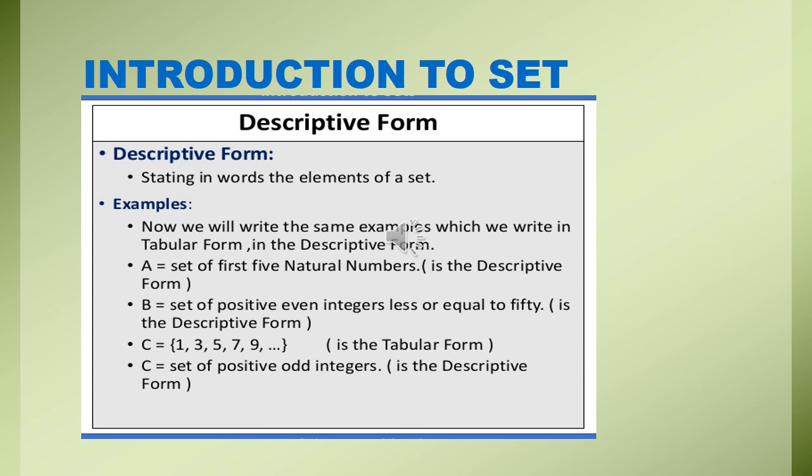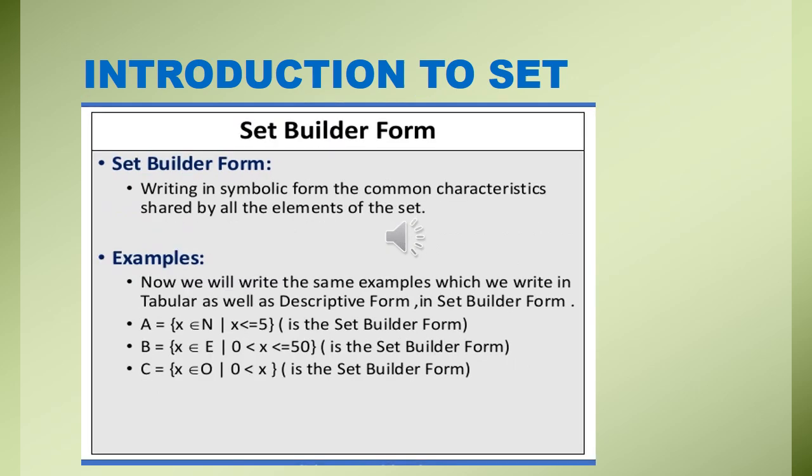It is also an example of descriptive form. But if I write 1, 3, 5, 7, 9, and so on, is this a descriptive form? No, it is a tabular form. And if you want to write in descriptive form, you can write the set of positive odd integers. Clear? Good.